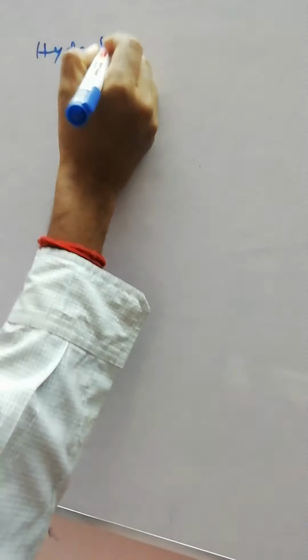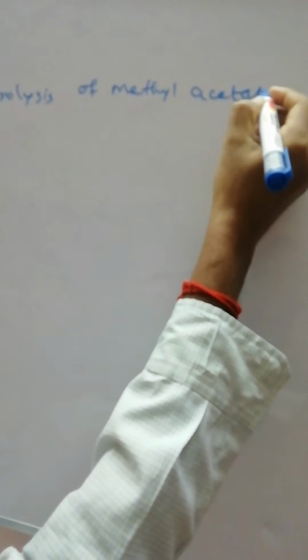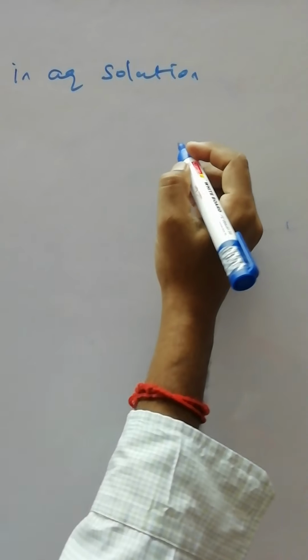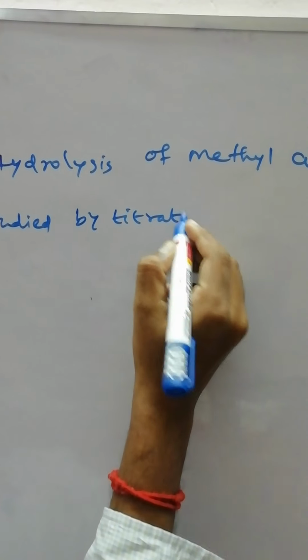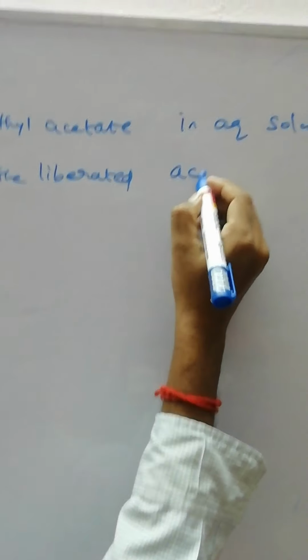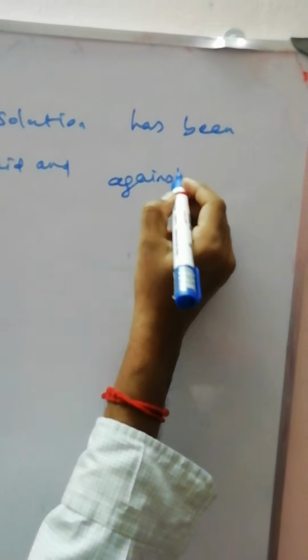This is a book example question. Hydrolysis of methyl acetate in aqueous solution has been studied by titrating the liberated acetic acid against sodium hydroxide.